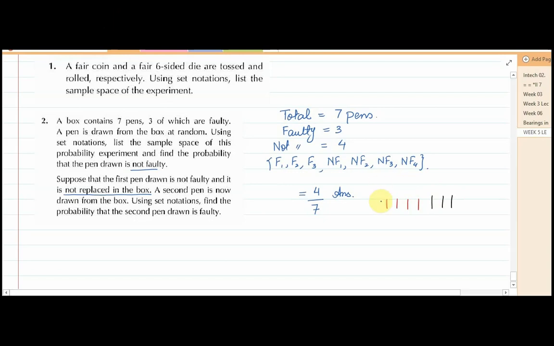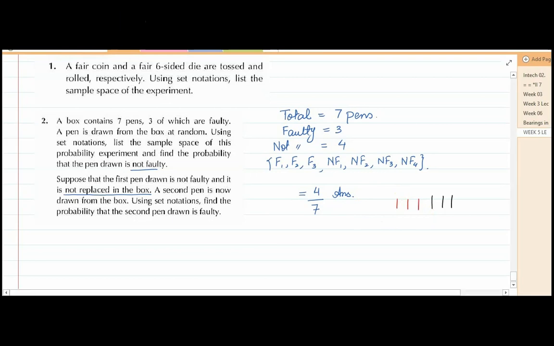So I have picked this pen and I throw it away, right? So that means this pen is now removed, and then I need to pick another pen. Now that is the second event, right? You pick a chocolate and you ate it, that's why it reduced the sample space.